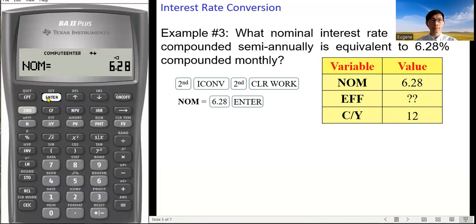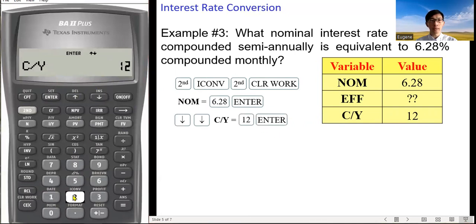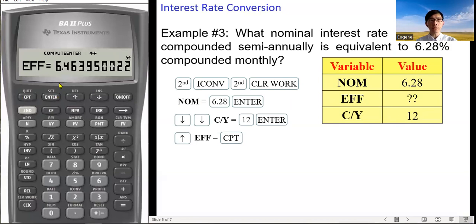Press enter. And then CY equals 12, so enter the value for CY, 12. Enter. Get back to the variable EFF. Compute this to get the effective rate of 6.4640%.